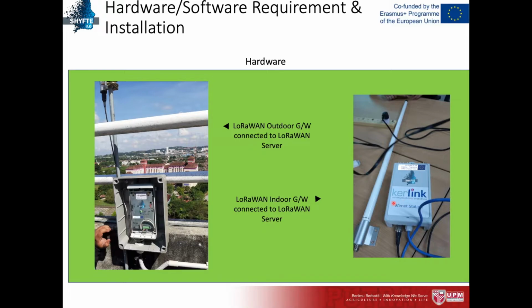Another thing we need for the gateway is an external connection to the internet. This can be done, for the indoor gateway, with a LAN connection, and for the outdoor gateway, with a SIM card for an LTE connection. So that's about the outdoor gateway and indoor gateway that you can consider for your deployment.